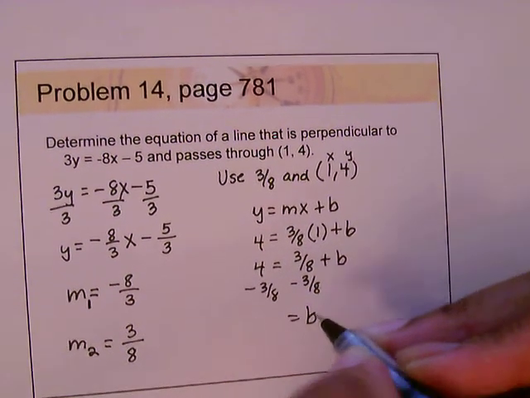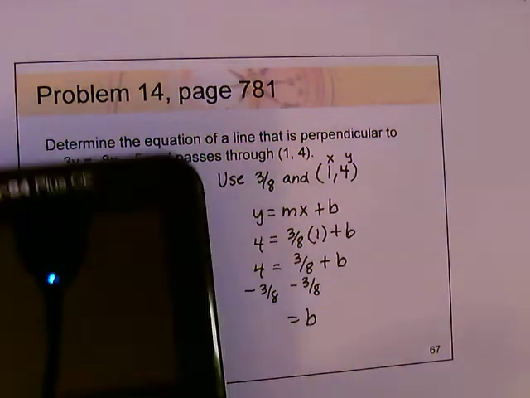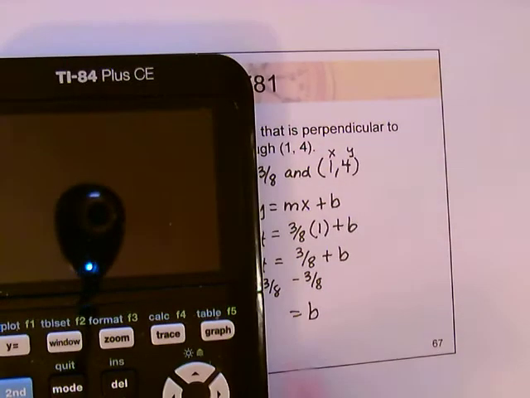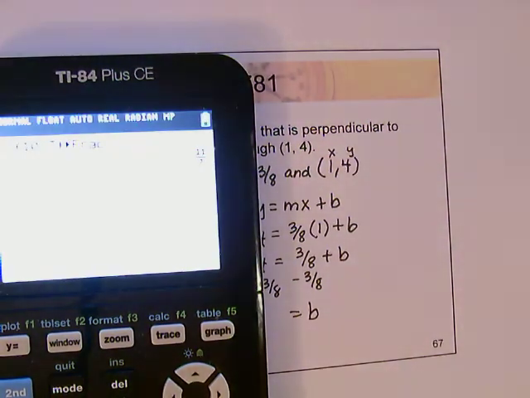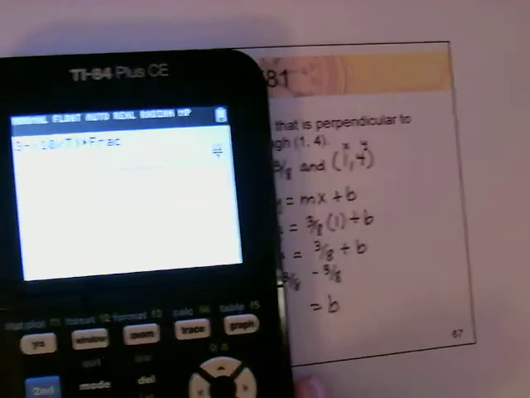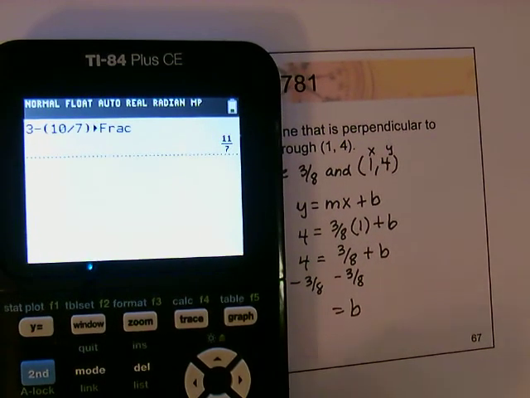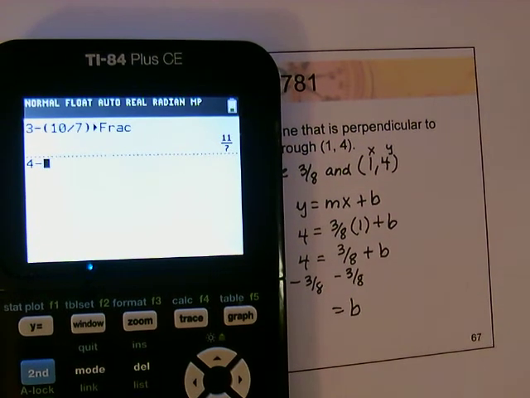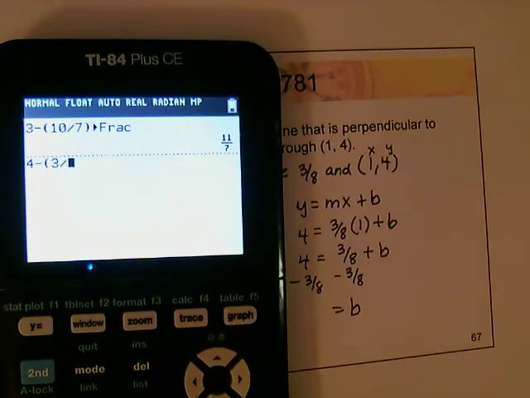So that means b will have to be equal to, and here I'm going to have to use the calculator. So here we got to do 4 minus 3/8. So this will be 4 minus, in parentheses, 3 divided by 8. And then I'm going to use this math key.